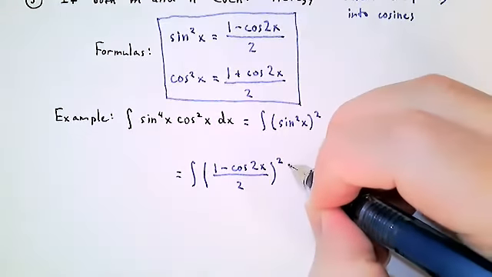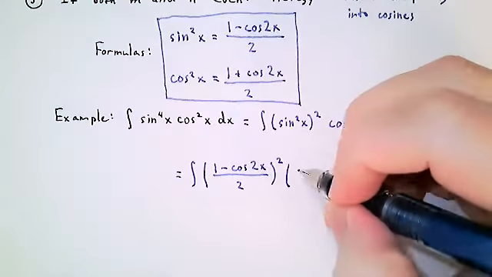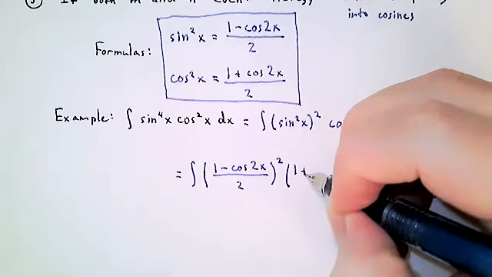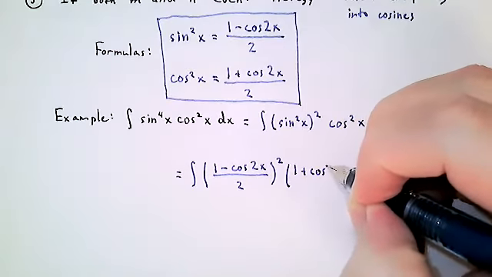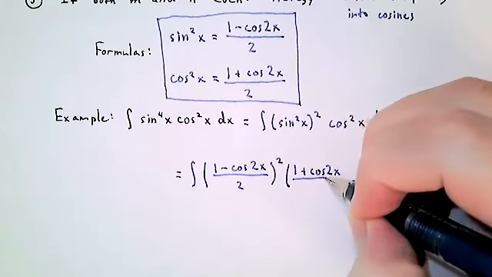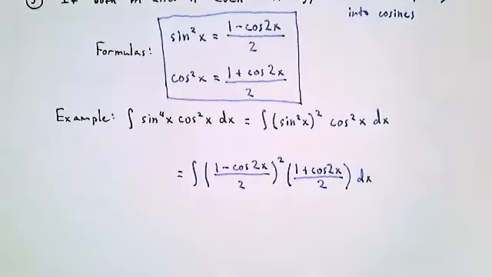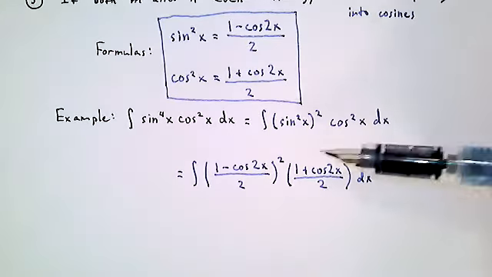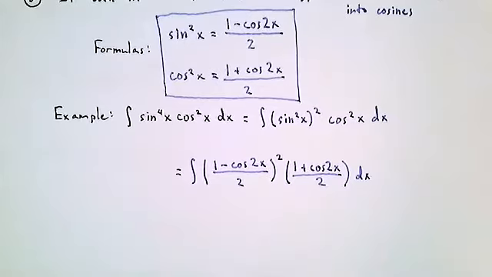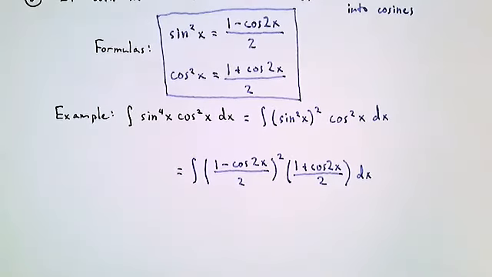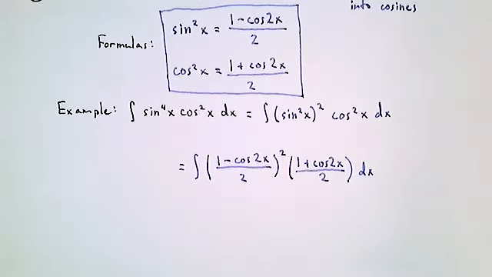And then the cosine squared becomes 1 plus cosine of 2x over 2. And this next step, what we're going to do after the substitution, is where I think these can be a little bit more challenging, and that's multiplying out and then doing some additional simplification as necessary.